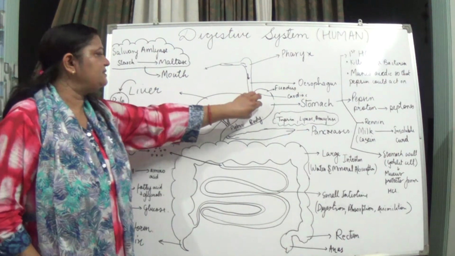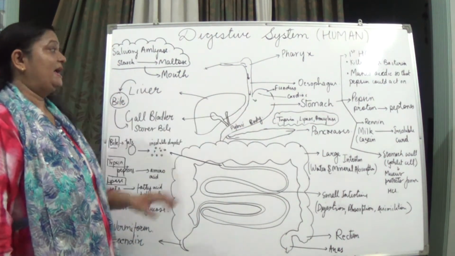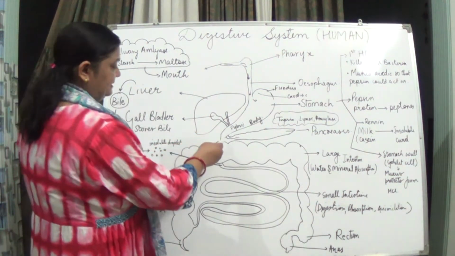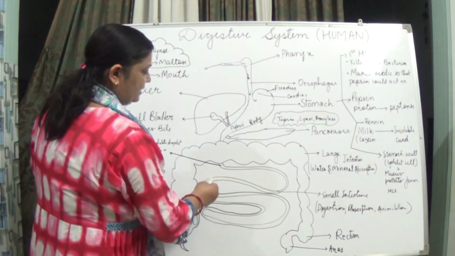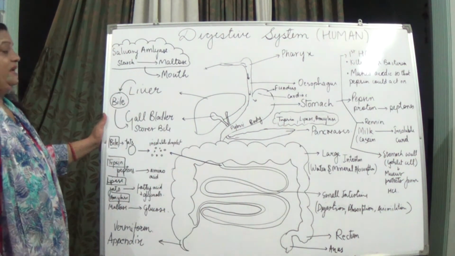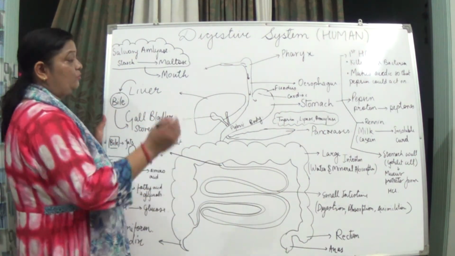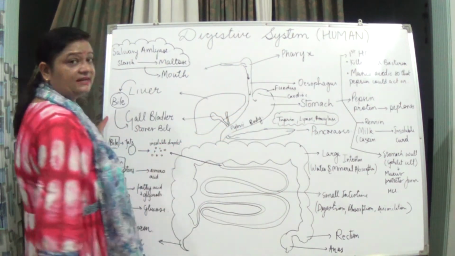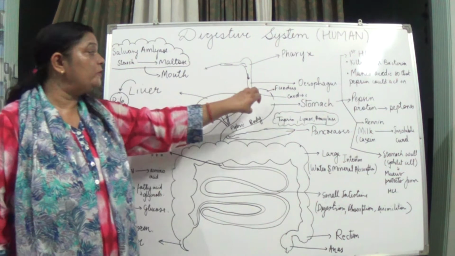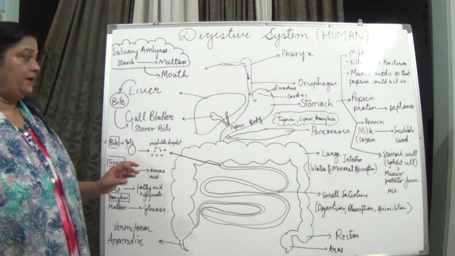So the partially digested foods, the maltose and the peptones, as well as the other food present, enter the small intestine. Before that, one more thing I want to say: the partially digested food in the stomach is known as chyme, and the food remains in the stomach for about 4 hours.